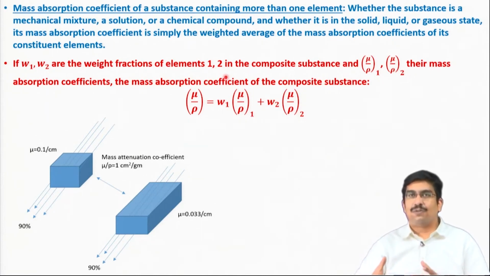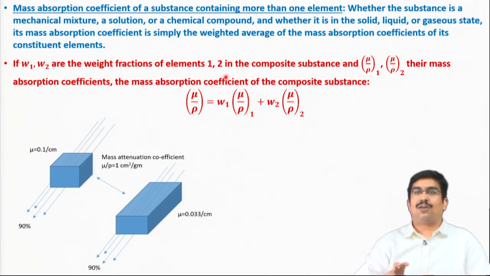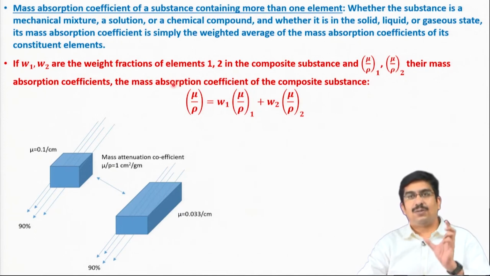The mass absorption coefficients of these two are mu by rho 1 and mu by rho 2. Then the mass absorption coefficient of the entire composite substance, the entire intermetallic, will be just a simple weighted average: W1 into mu by rho 1 and W2 into mu by rho 2. That will give you the mass absorption coefficient of this composite material.